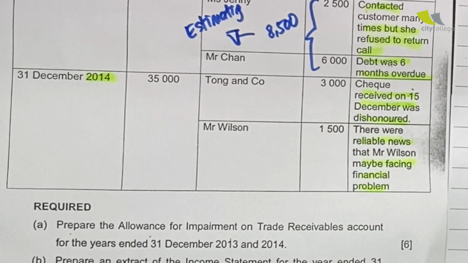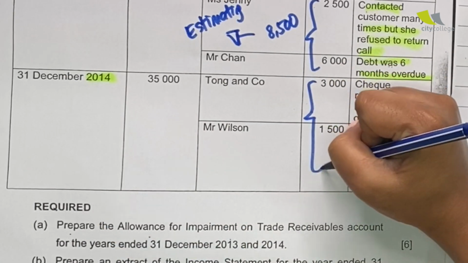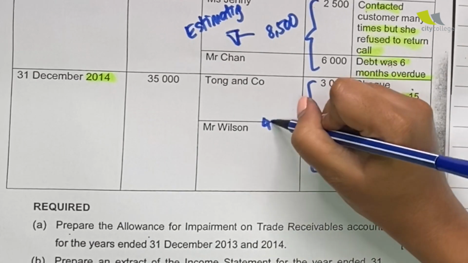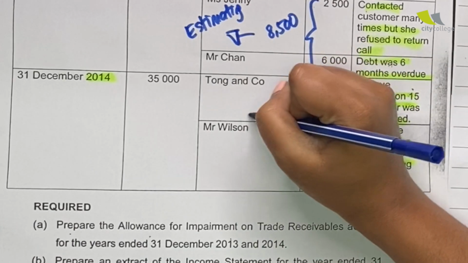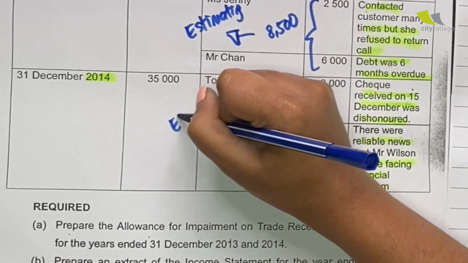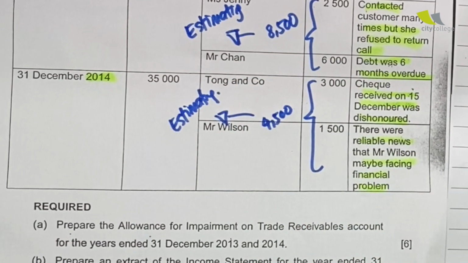Another good reason to believe that he cannot pay us back. So for the year 2014, let's add up. You have 4,500 in total of your trade receivables, again, that you are estimating may not be able to pay you back. Okay, so we've dissected the question.